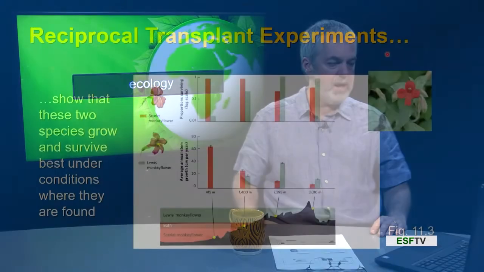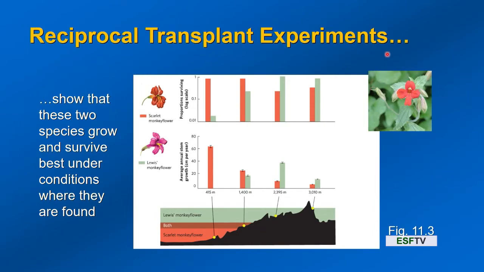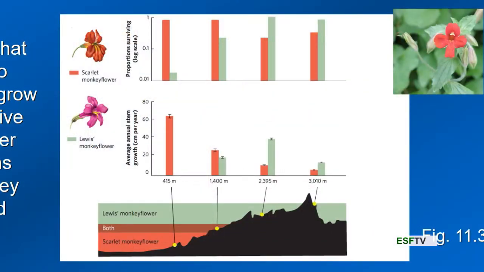So that's what this little experiment allows us to test. The case study is using monkey flowers in California. It's a beautiful little shrubby plant, with a lot of different versions, a lot of diversity out there. Anyway, two of the species here are scarlet monkey flower and Lewis's monkey flower.